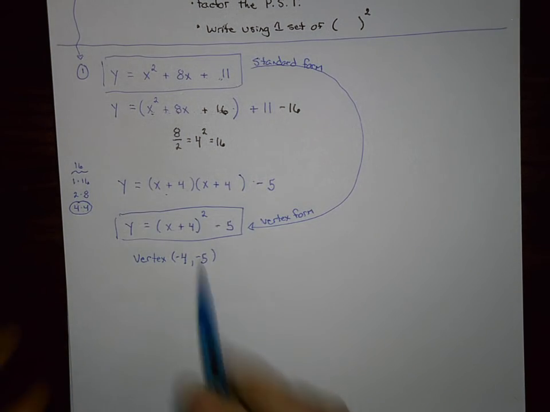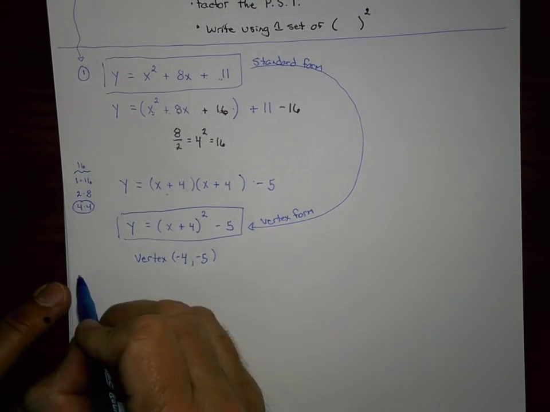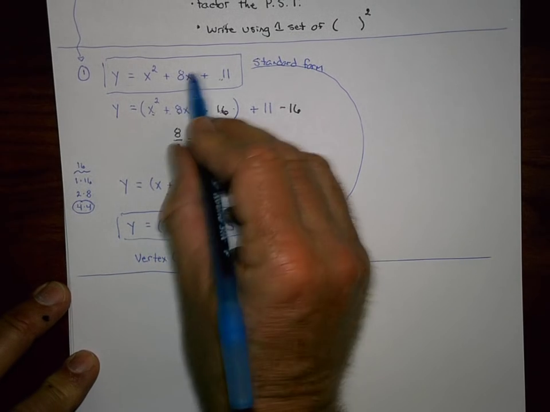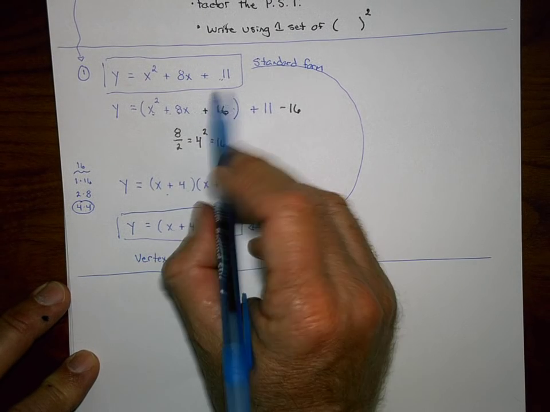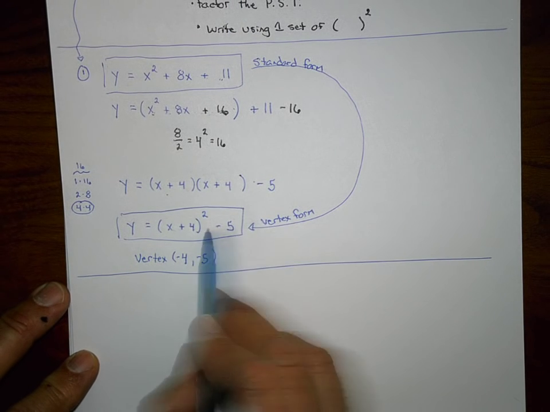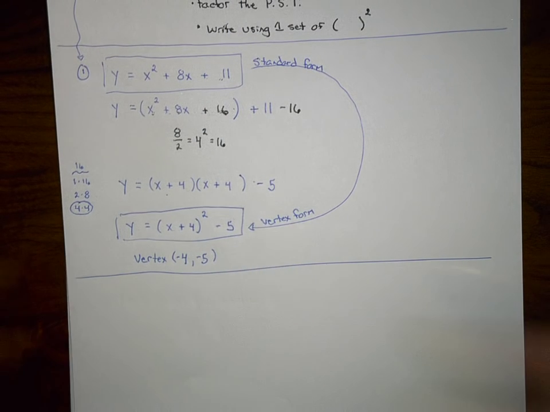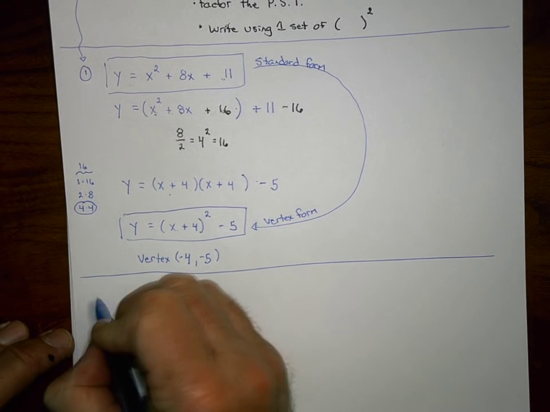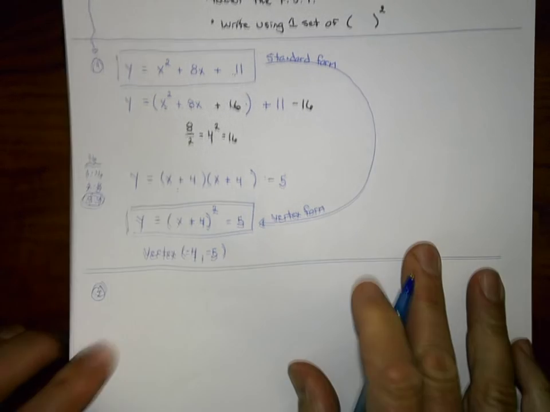So this is what we're learning how to do today: how to take an equation in standard form, do a process called completing the square, end up with an equation in vertex form, and then tell what the vertex is. Let's go ahead and do another example so you get the idea.